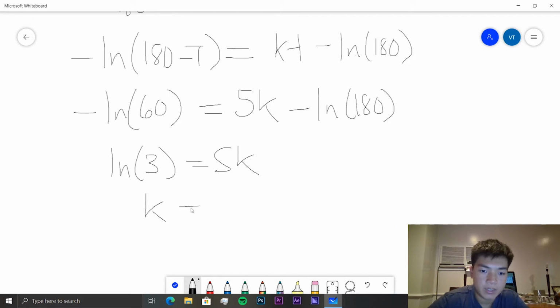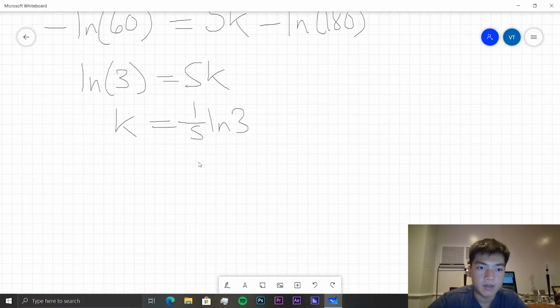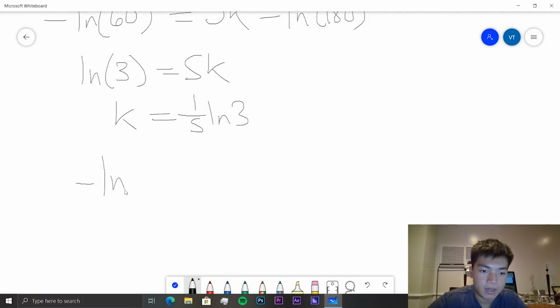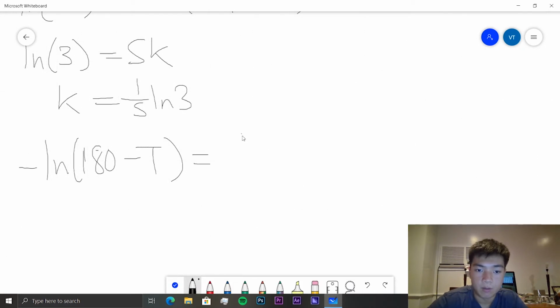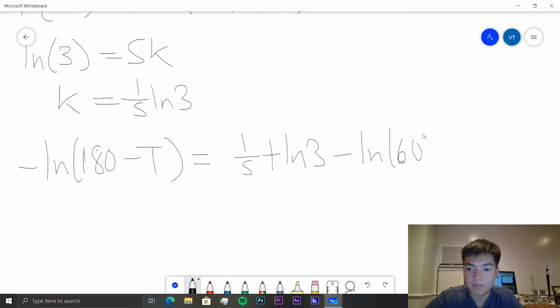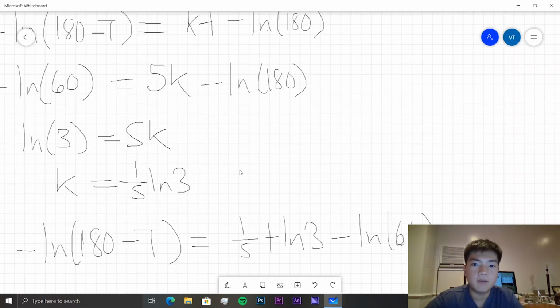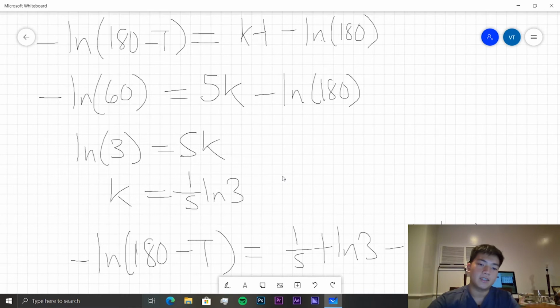So k is equal to 1/5 ln 3. So we have negative ln of (180 minus T) is equal to 1/5 t ln 3 minus ln 180.